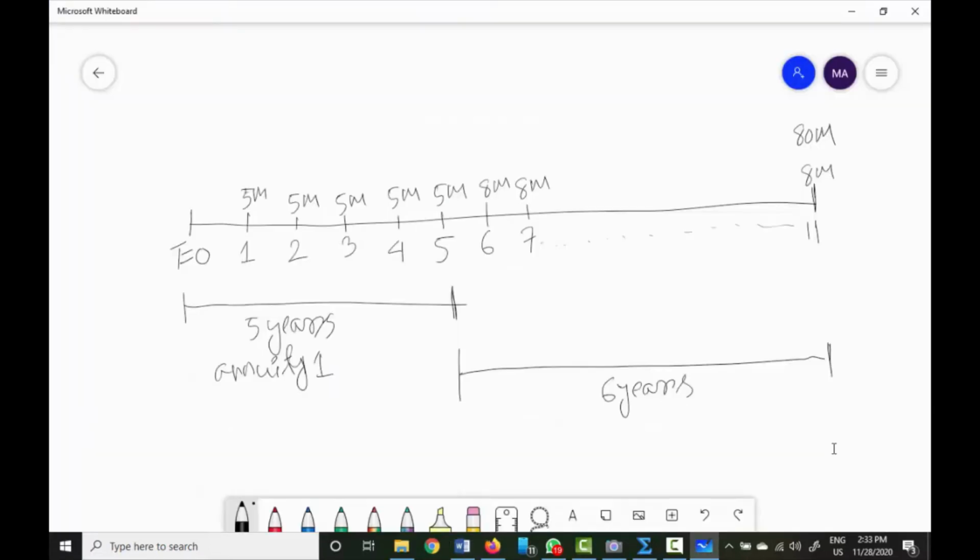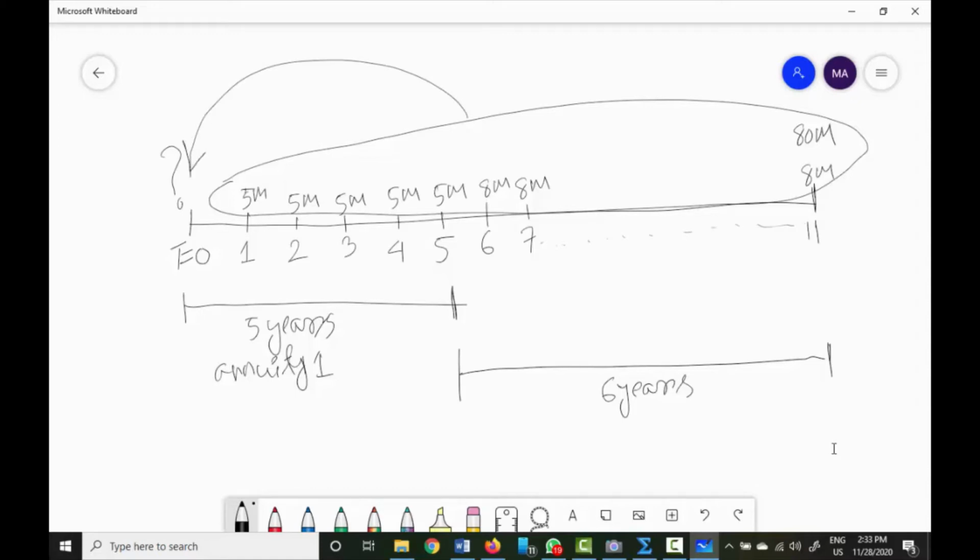That means we need to find out the equivalent amount of all these future cash flows today. So we need to find out the present value of all these future cash flows.